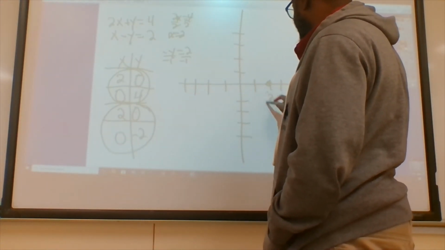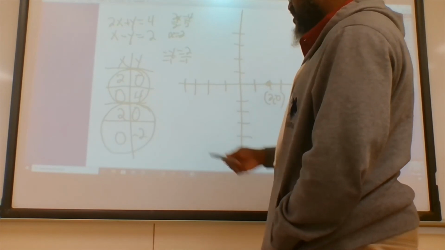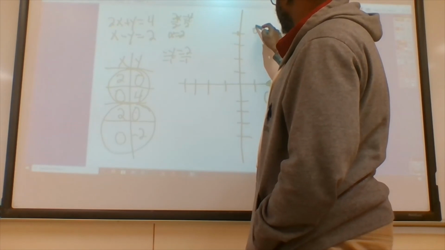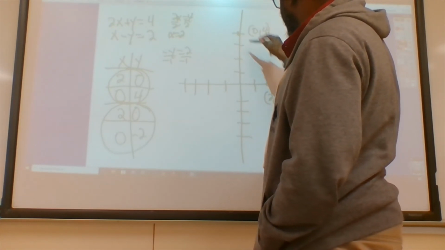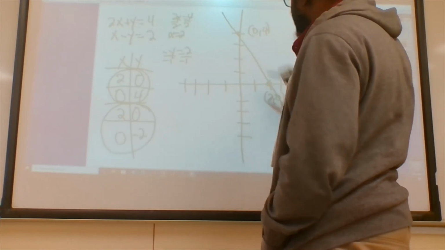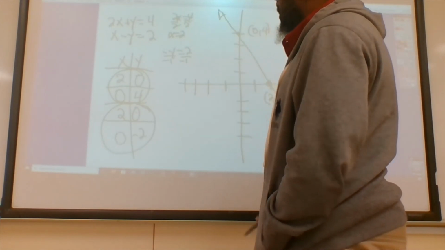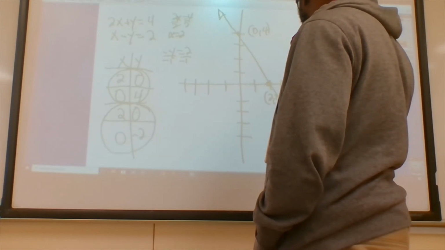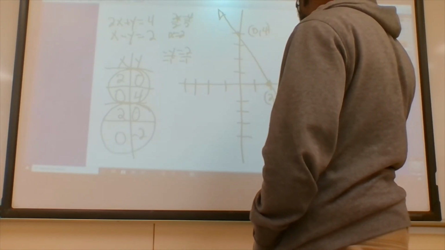That will be 2, 0. Then 0, 4, go 4 units up. Then you connect this. This is the first one, 2x plus y is equal to 4.